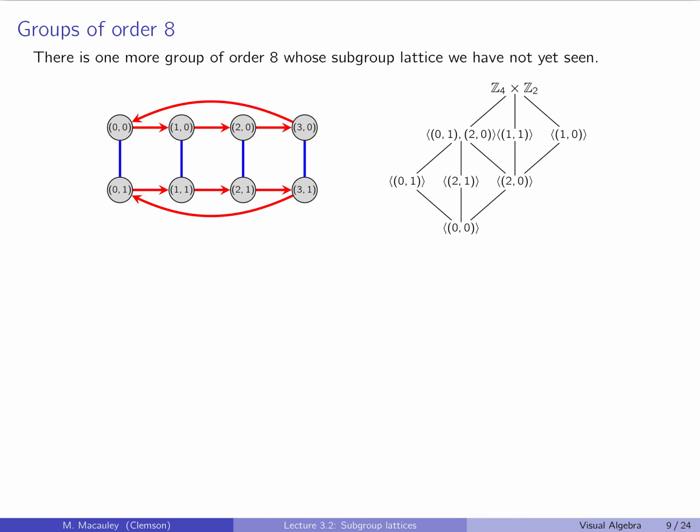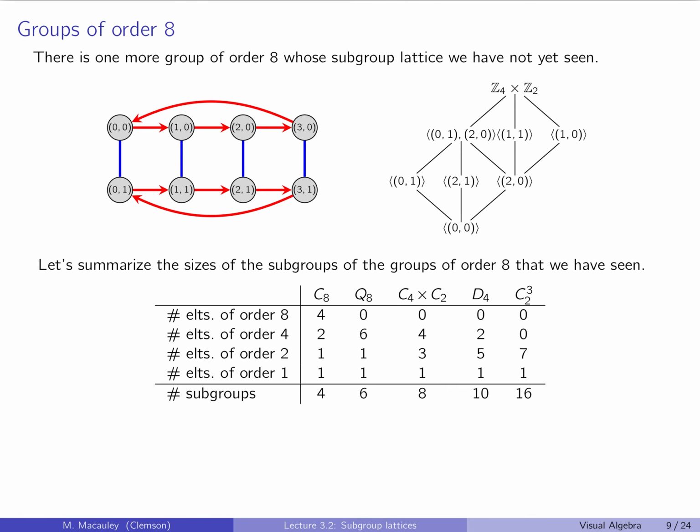So these 4 elements. Let's summarize the sizes of the subgroups of the groups of order 8 that we have seen, which is all of them. So here are the groups, and here's how many elements they have of each order, 1, 2, 4, and 8. And here's how many subgroups they have.